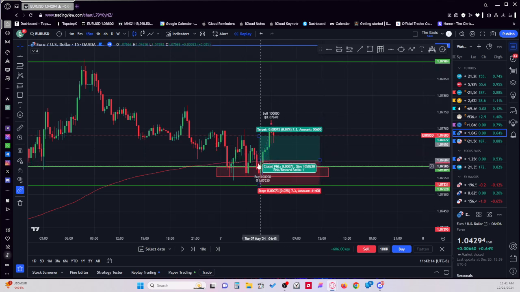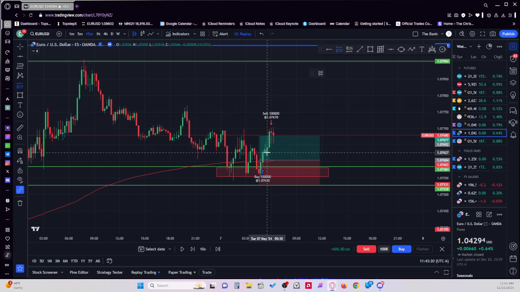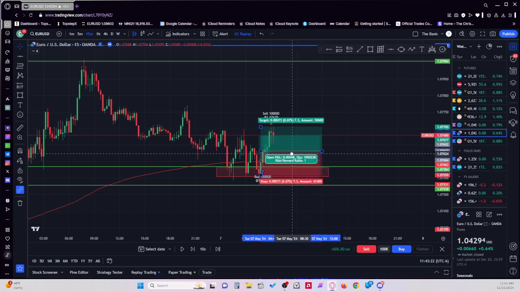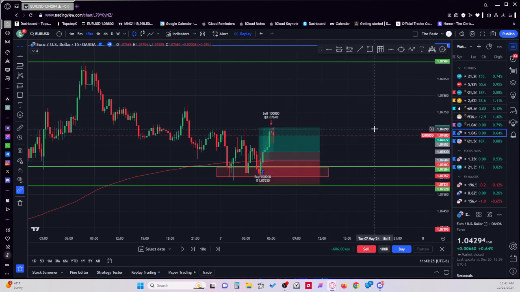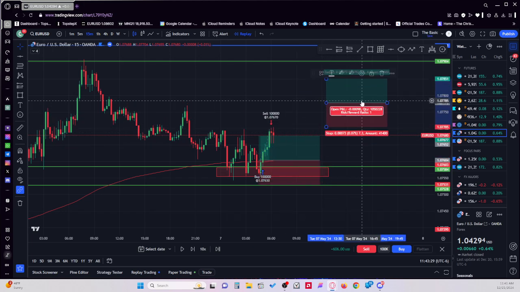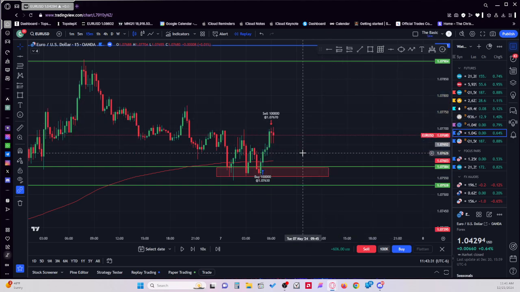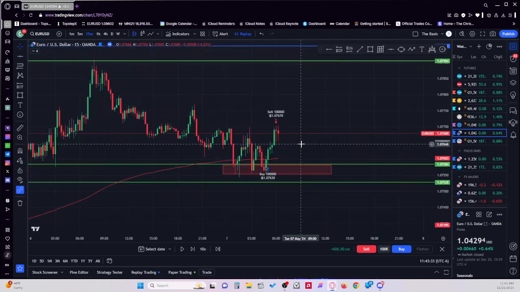It doesn't really break the candle on this green one, but it does on the second candle, which made me get in here. Let me move it over. We still took the trade, but like I'm saying, I'm letting the market come to me. I'm not chasing trades anymore at all.